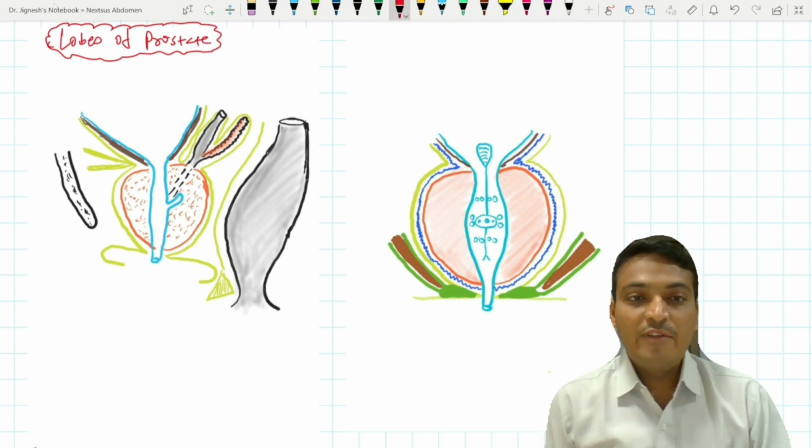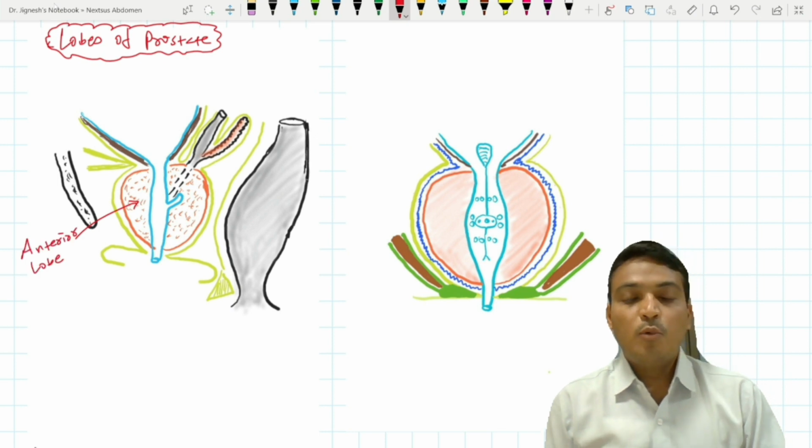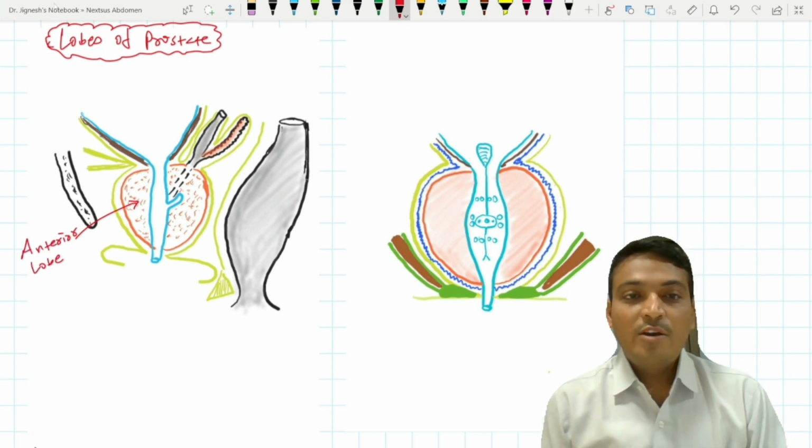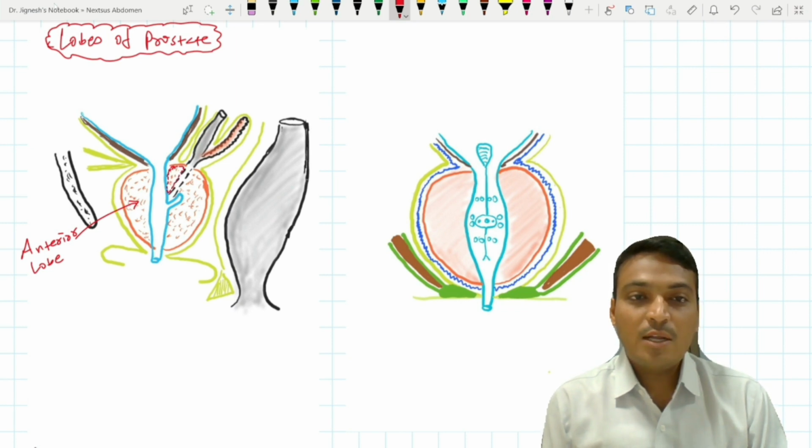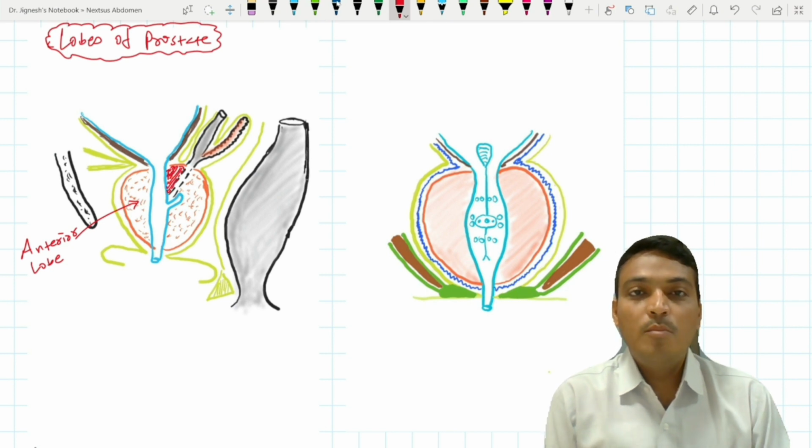The prostate has one anterior lobe, and this anterior lobe is situated in front of the prostatic urethra. Posterior to the prostatic urethra, the part of the prostate gland situated between the ejaculatory duct and the urethra is called the median lobe.